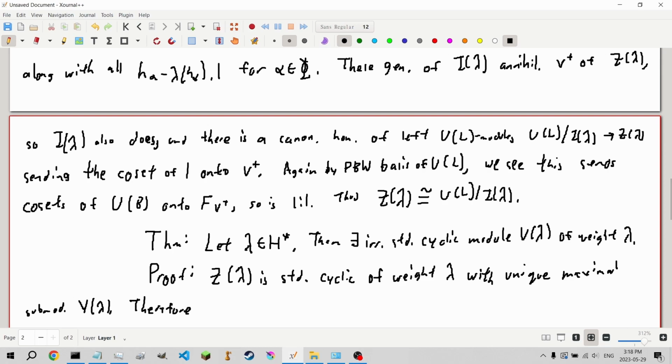Therefore, V lambda as Z lambda over Y lambda is irreducible, and standard cyclic of weight lambda.